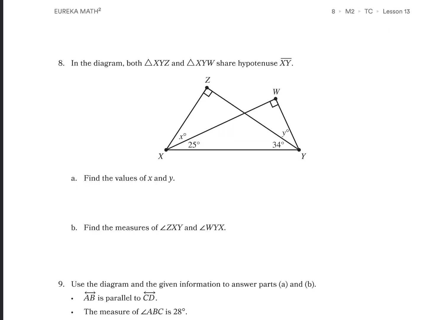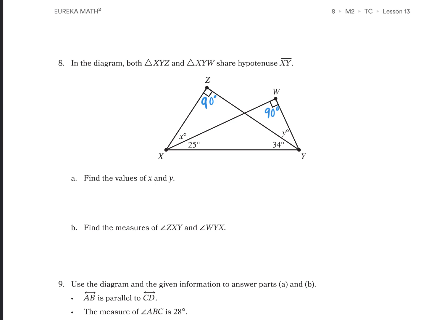So number 8, we want to find the values of x and y. Good. Right angles are 90 degrees. So what do you think we should do first? Any ideas of what we should do first?